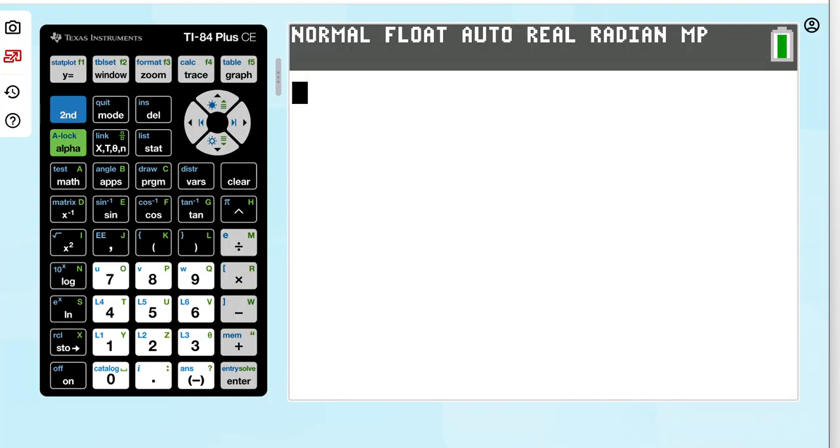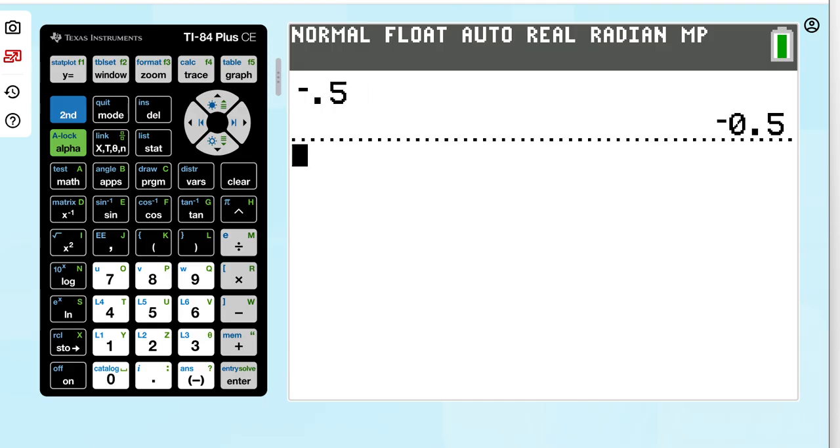On our graphing calculator, we're just going to type in our first guess, which was negative 0.5, and hit enter. Then each time we're just going to type in our formula, but instead of using the negative 0.5, we're going to use the answer button, which is secant, and then the negative sign. So we had x sub n minus, so answer minus.